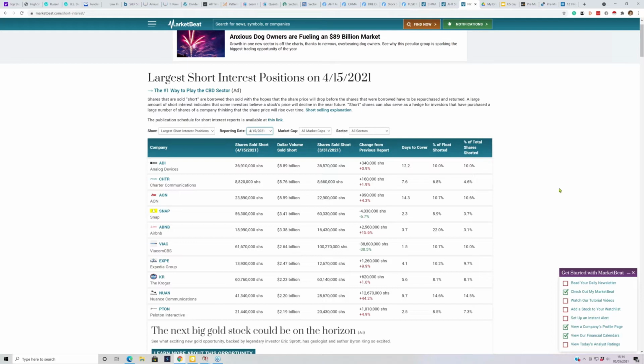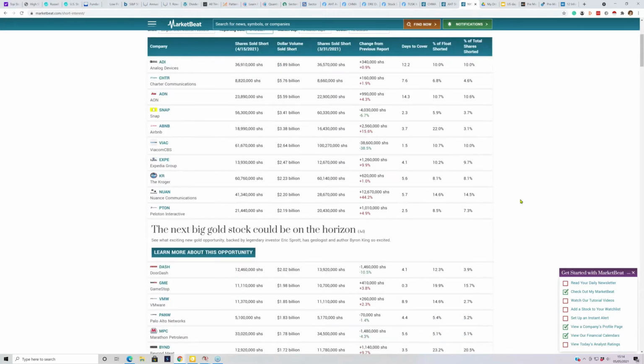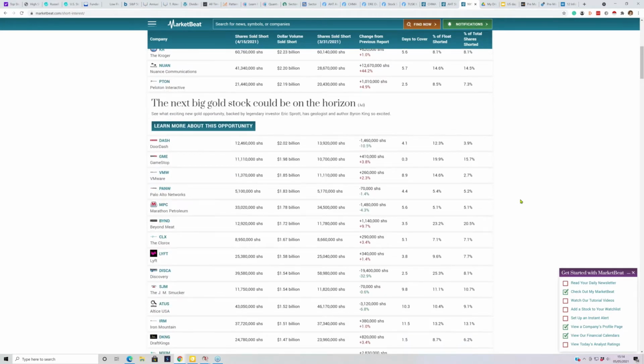It's quite interesting to see these are the largest short positions, because funds and big traders, if they take a short position, have to report it. I don't know how often they report it, but they can't hide it anymore. They have to say they're short. And this is another way of looking at where any of these stocks might be subject to a short squeeze, in other words, what's happened to GameStop, basically.